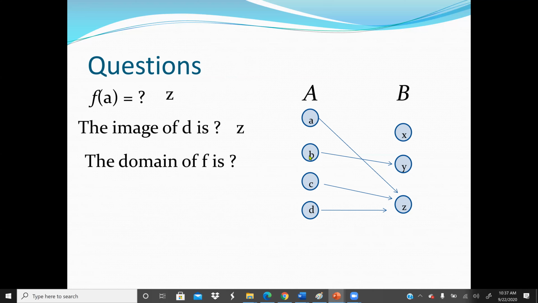So it will be a, b, c, d, which we can also represent as a set A. Set A consists of elements a, b, c, d. So we can represent it as lowercase a, b, c, d, all the elements, or we can represent it by uppercase A, which is set A. The codomain of the function is, it can either be set uppercase B, or also it can be x, y, z.